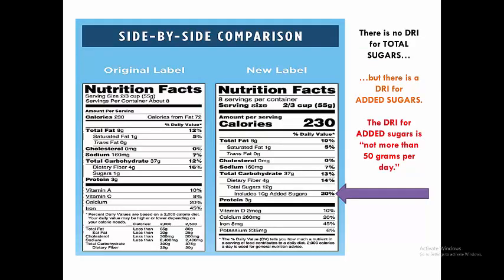So, let me share with you some current news in today's world. For quite a few years now, there has been an effort by a particular consumer advocacy group to try to get the food label changed again. It wasn't until 1990 that there was a nutrition facts panel.